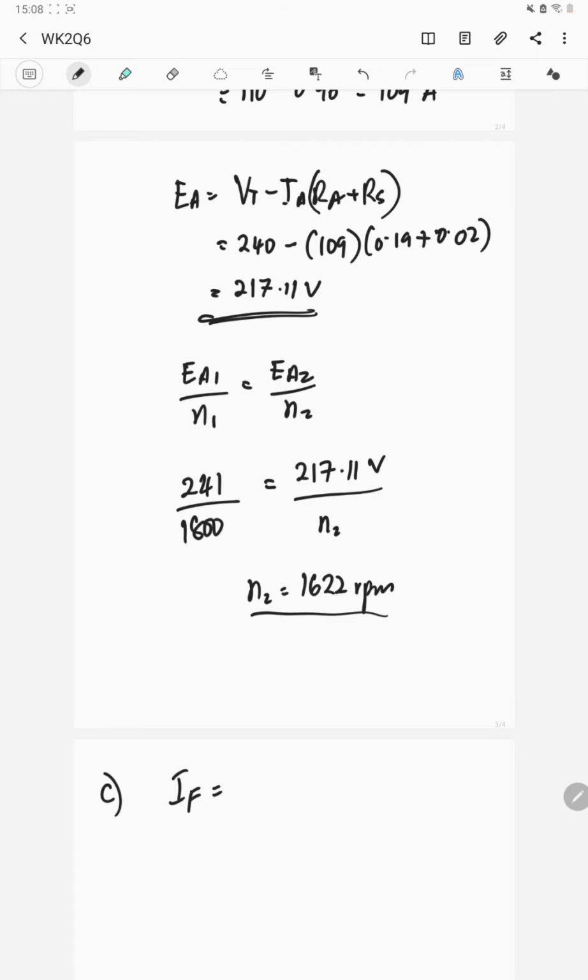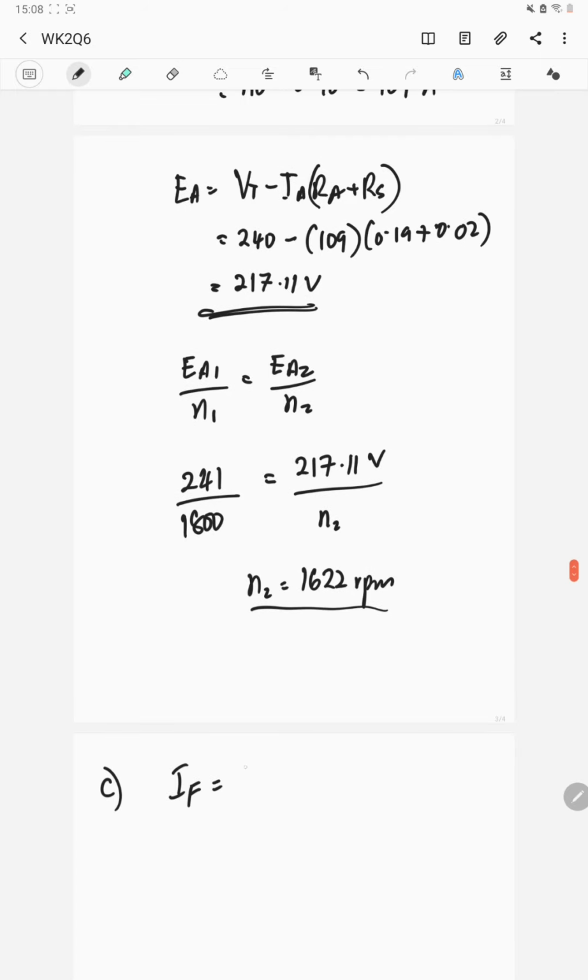So the field current now, instead of 0.96, will be 240 divided by 75 plus 250.